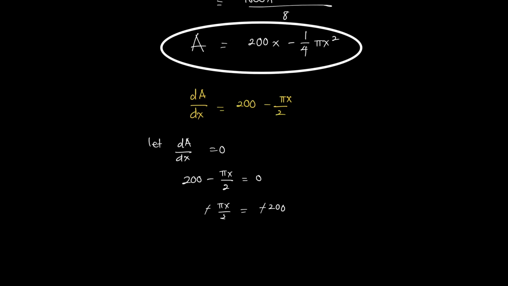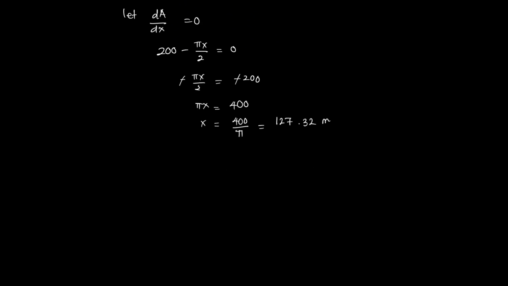Then you can multiply by 2, you get 400. So x equals 400 divided by pi, or the value in decimal is 127.32 meters approximately.